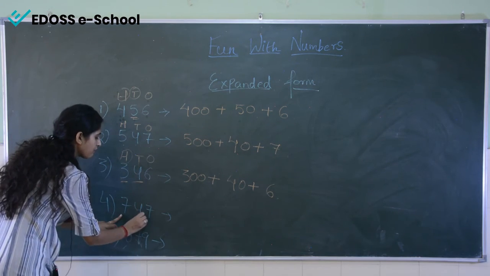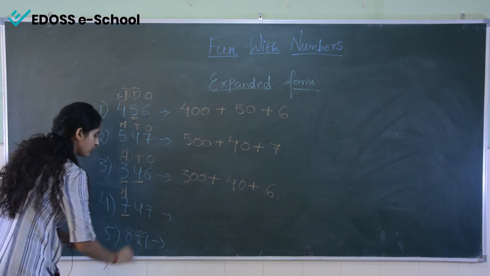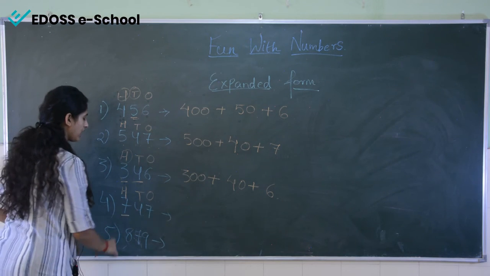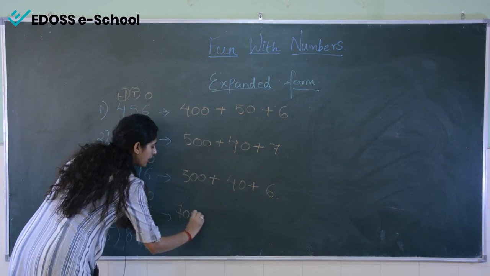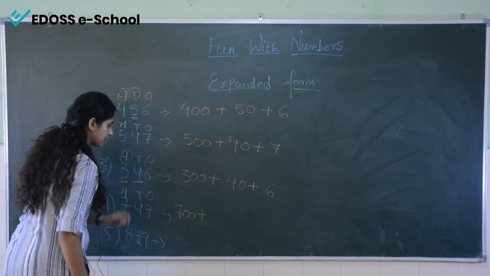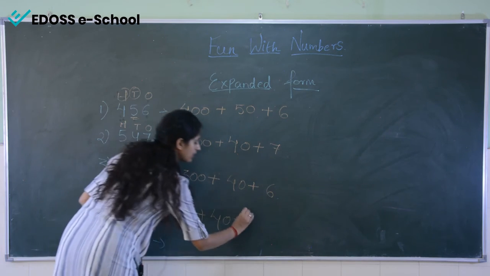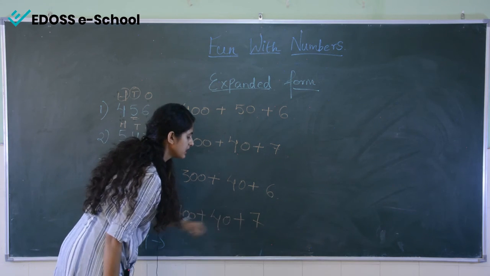Next is 747. Place value of 7 is 100, place value of 4 is tens and 7 is ones. So we'll write in expanded form 700 plus 4 tens, that is 40, plus 7. So it will become 700 plus 40 plus 7.